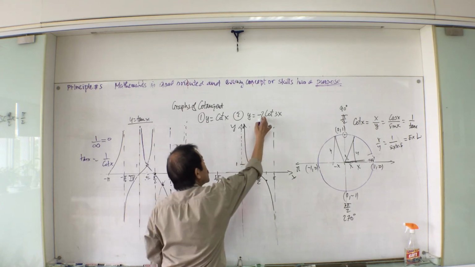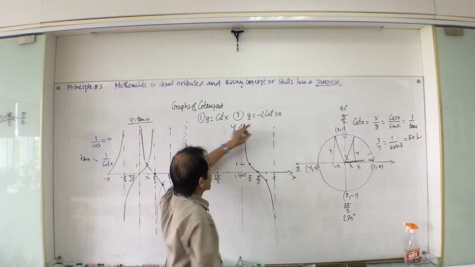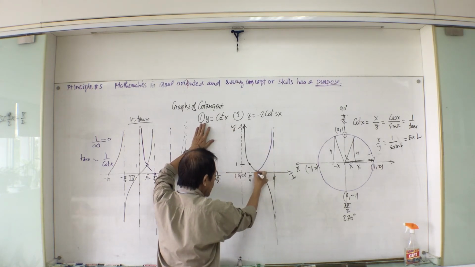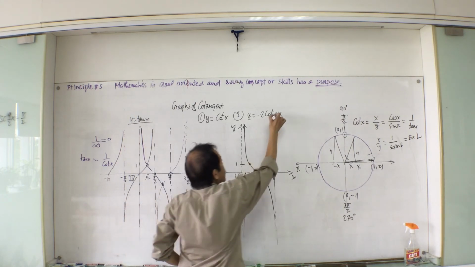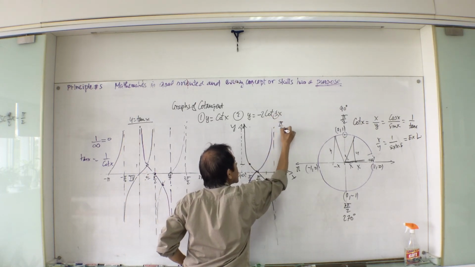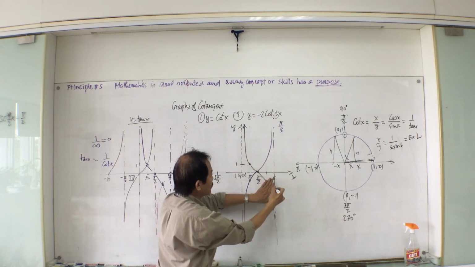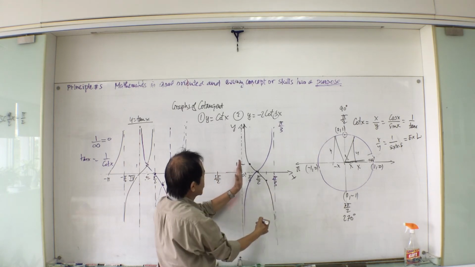Now, how about to do this? When I have negative 2 here, then I go backward, because you don't flip over there, okay? Then the period equals pi over 3 because you divide pi by 3. That means from here to here has to be pi over 3, because cotangent goes from 0 to that.